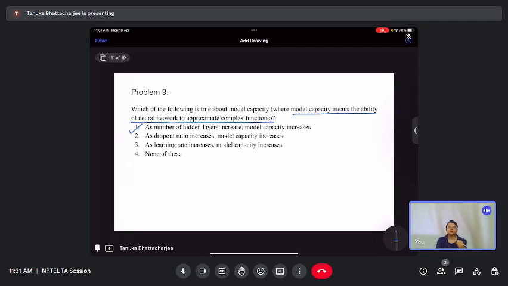Again from the other side you cross and come back, and you keep on oscillating around your minima. So you have to adjust your learning rate such that you reach the minima in a reasonable time. You do not make it so small that it takes eternity to reach the minima. So these do not help in model capacity in any way, only increasing the number of hidden layers increases the model capacity.